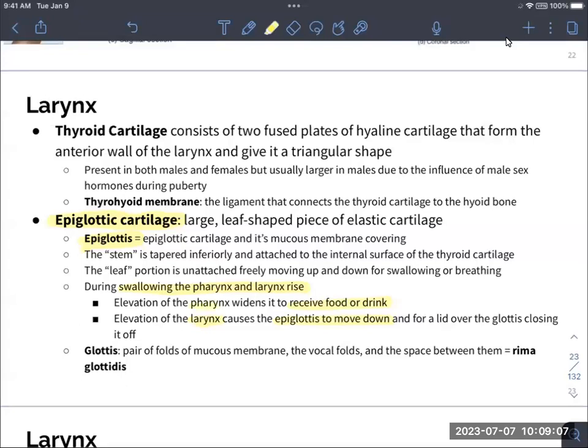When the pharynx widens and rises, that's what allows us to swallow food. The glottis is what has the vocal folds in it, and the space between the vocal folds is the rima glottidis.